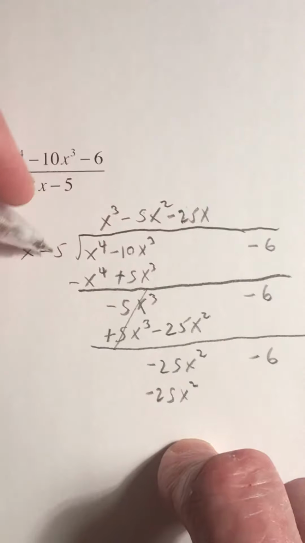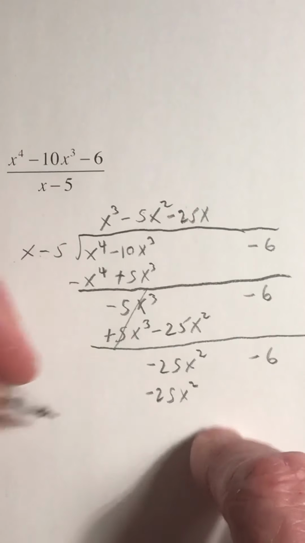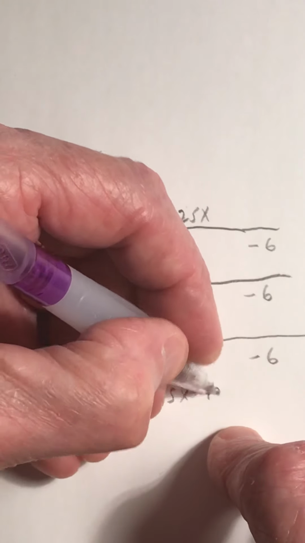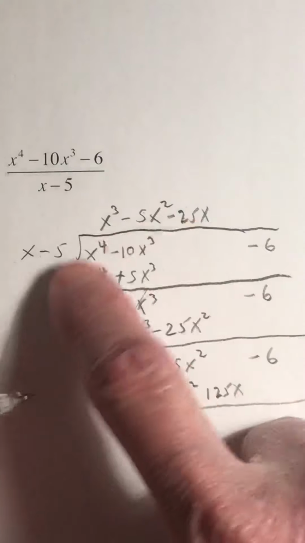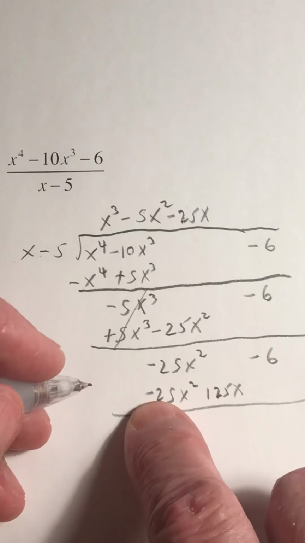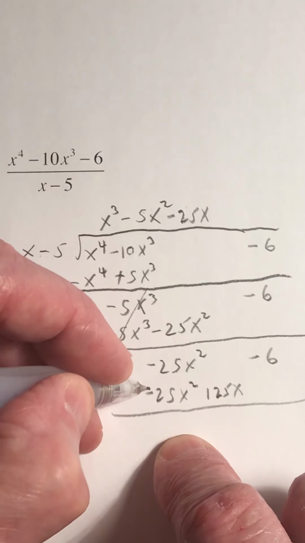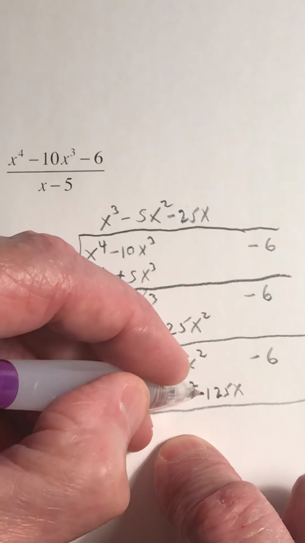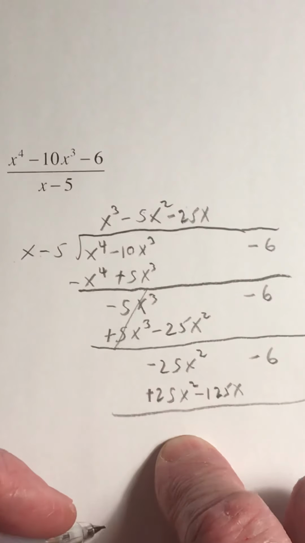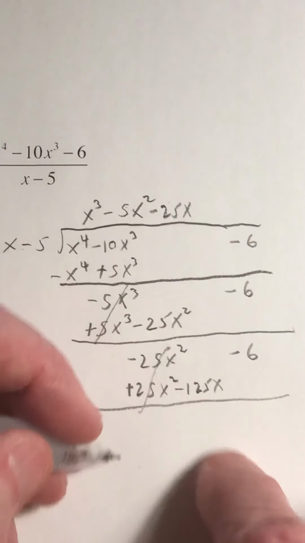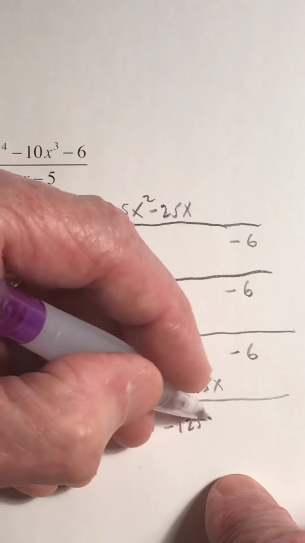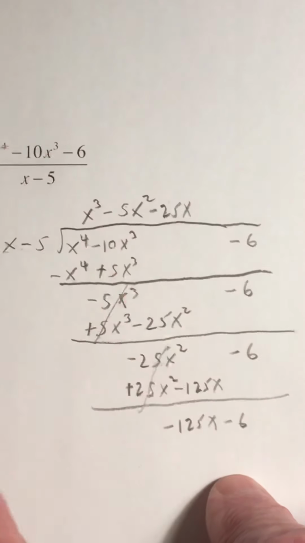Minus 25x times minus 5, that's positive 125x. Okay, that makes a positive 125x. So when we do the switching, this becomes positive and this becomes negative. These disappear. We get minus 125x minus 6.